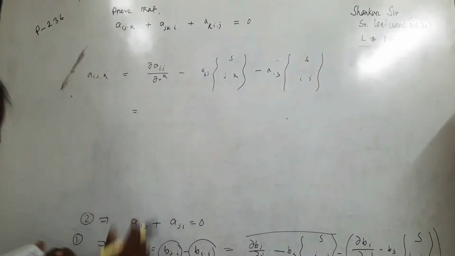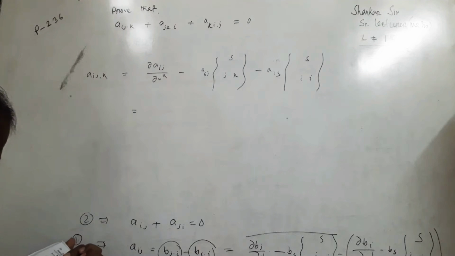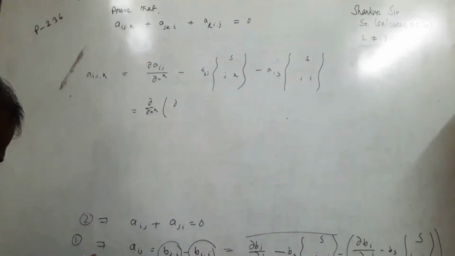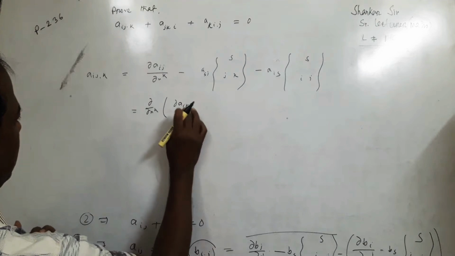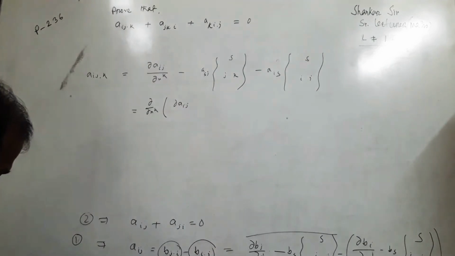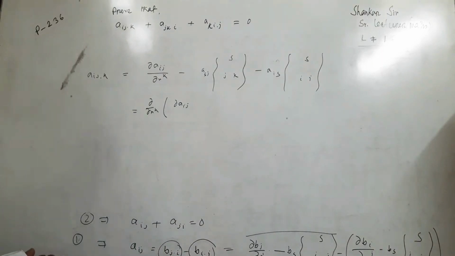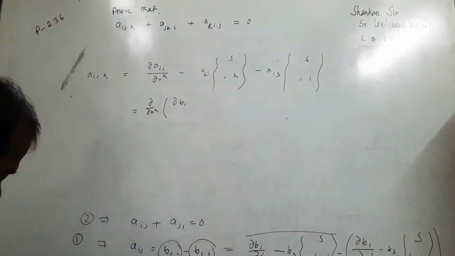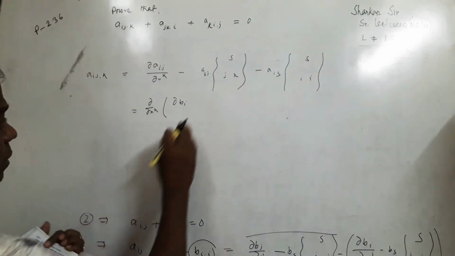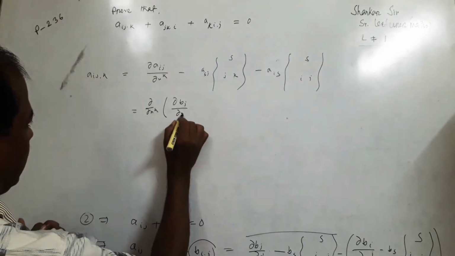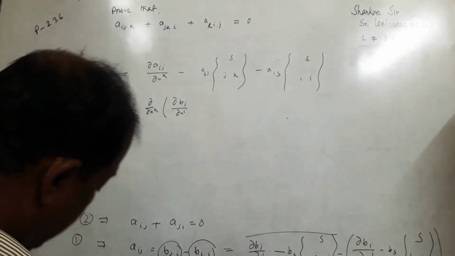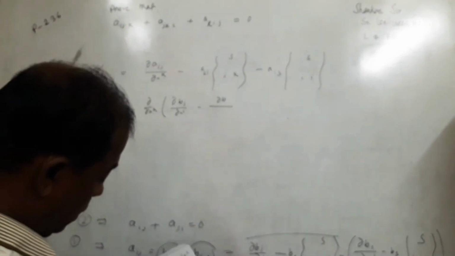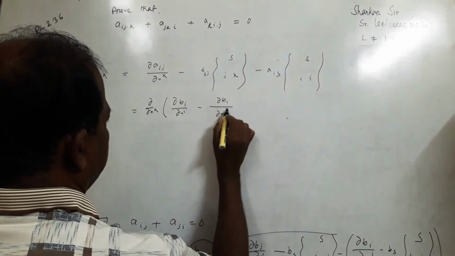Equal to del by del xk into del aij, del bj divided by del xi, and minus del bi divided by del xj.